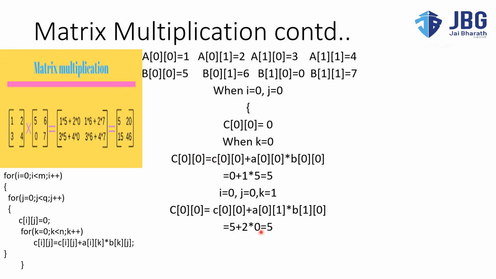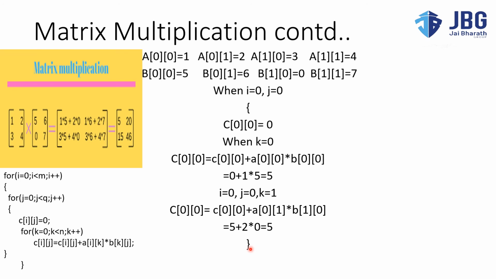So 5 plus A of 0 1, which is 2, into B of 1 0, which is 0. So 1 into 5 plus 2 into 0 equal to 5. So when i equal to 0 and j equal to 0, the result we got was 5.